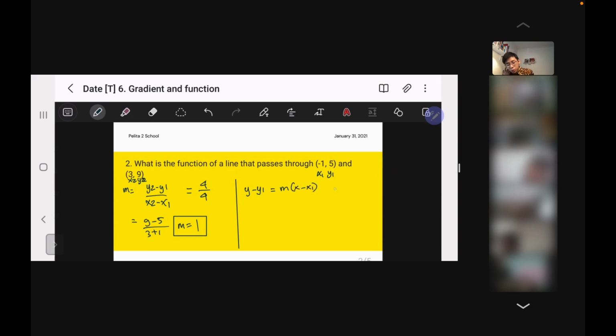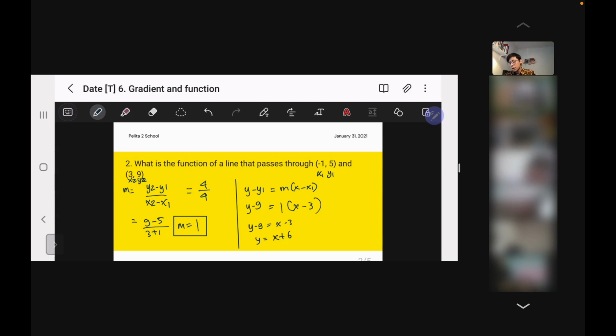You can put minus 1 and 5 here, or you can put 3 and 9. It doesn't matter. Let's say I put 3,9. So y1 is 9, m is 1, x1 is 3. So y minus 9 equal x minus 3. So y equal x minus 3 plus 9 becomes plus 6. So that's the result of the second number.